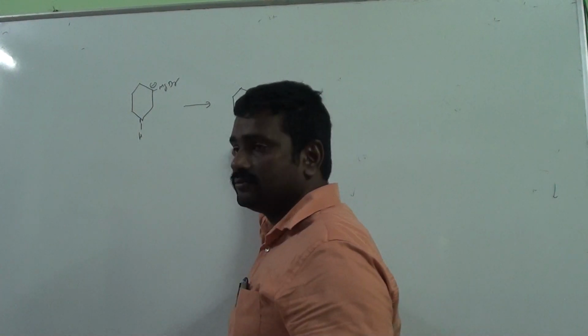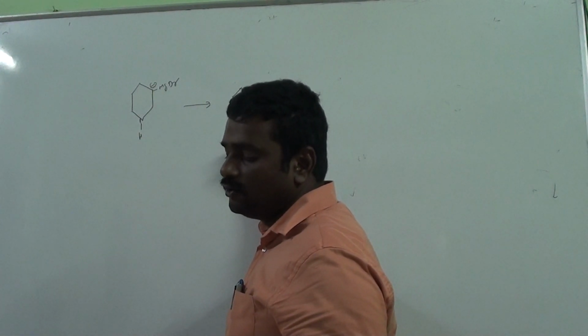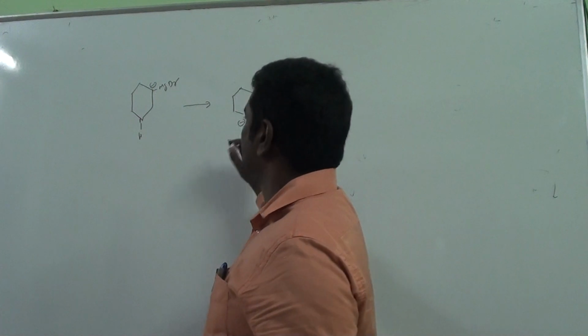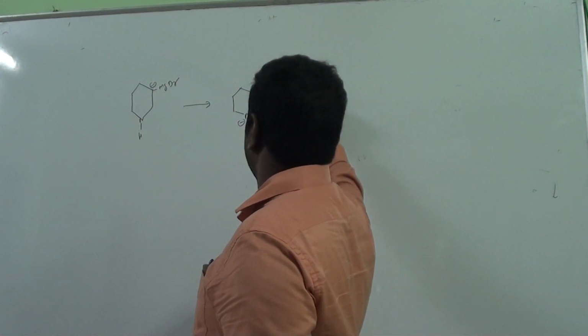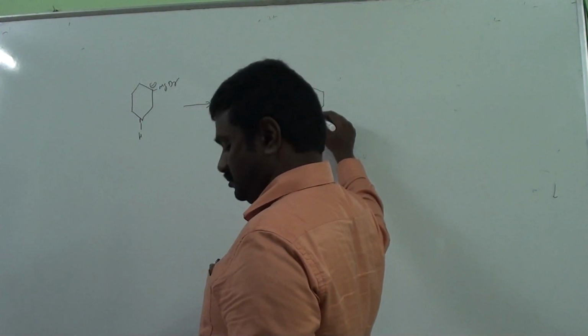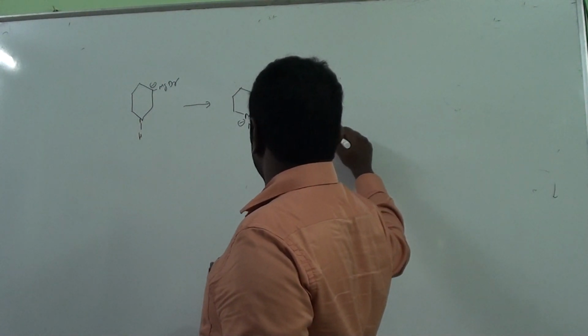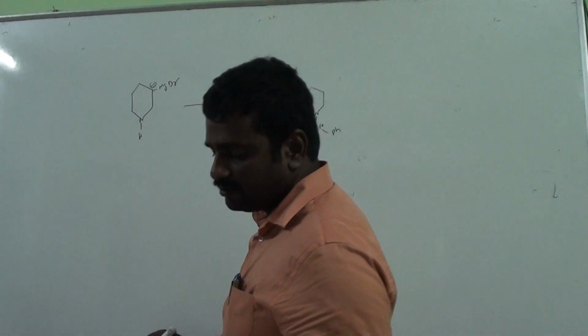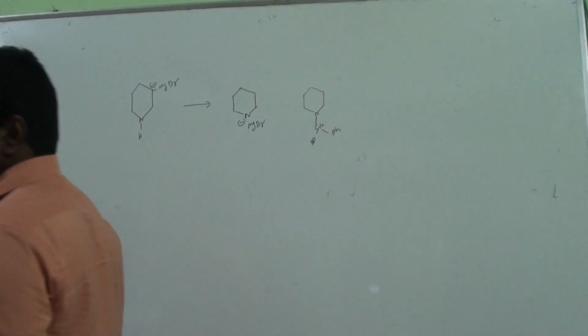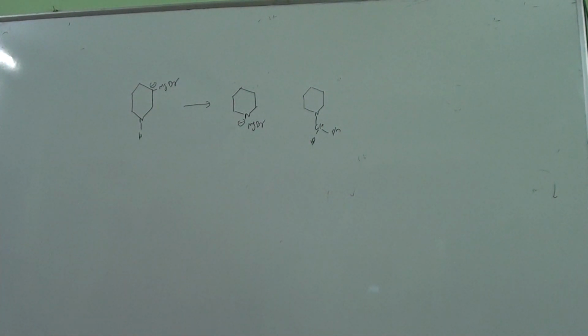So then this only acts as a nucleophile. So the major product will be N, CHOH, Ph. This is the final product. Clear or not? So the first one is wrong.